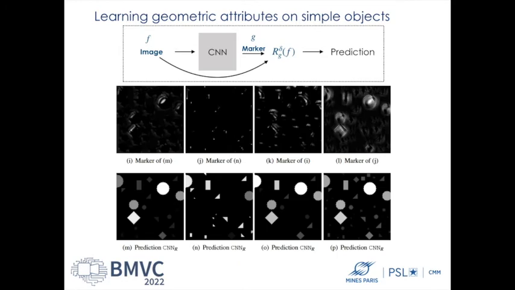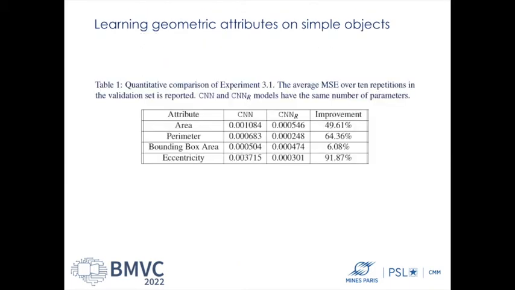One important point is that the prediction is done by the maximum value of the marker inside of the shape. So the quantitative analysis shows a significant improvement for all the 4 problems studied.